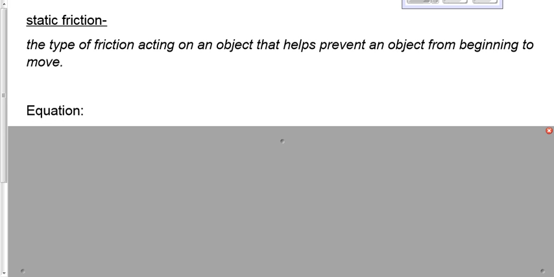There is an equation for static friction that looks an awful lot like the equation for the force of kinetic friction. But there is an important difference. If you remember, just off to the side here, the equation for kinetic friction was mu times the normal force.